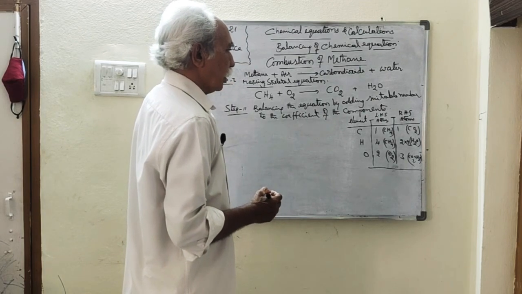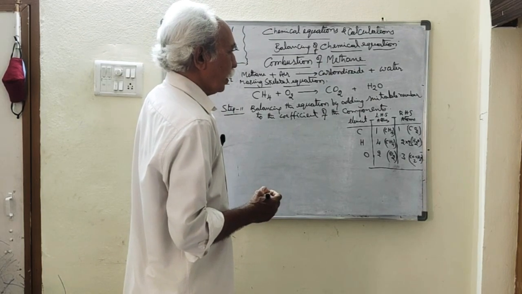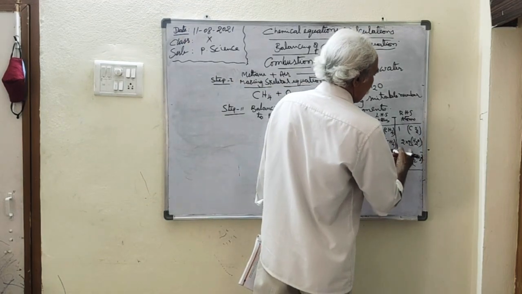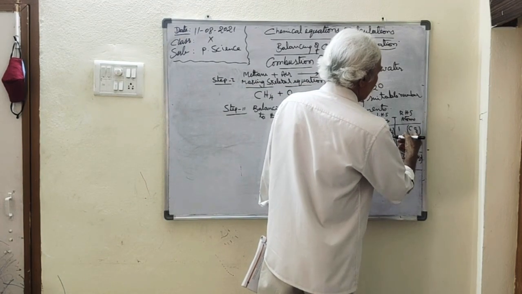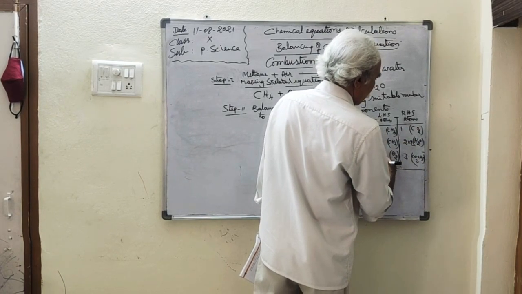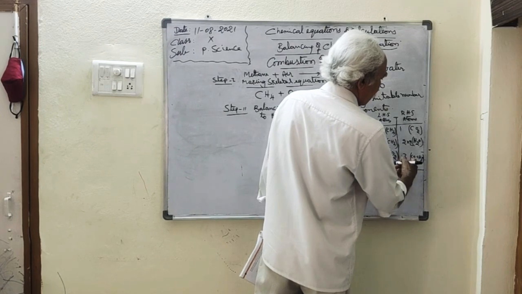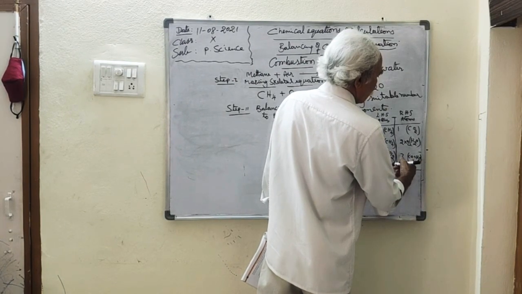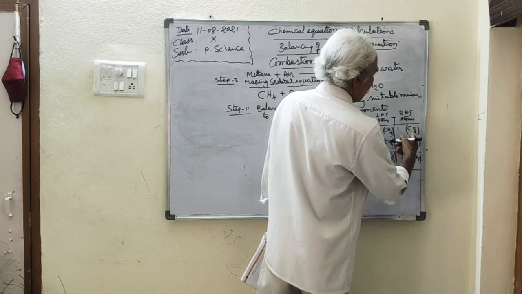So 4 hydrogen atoms. Now how many oxygen atoms are there? On the left, 2 and 2 make 4. On the right, there were 3 atoms, and now it becomes 4 atoms.